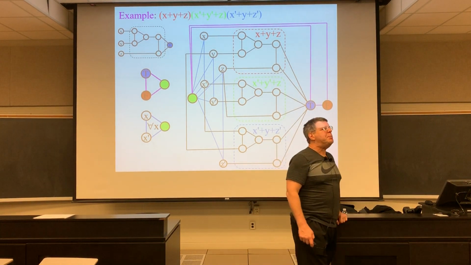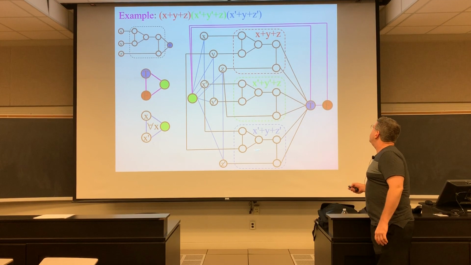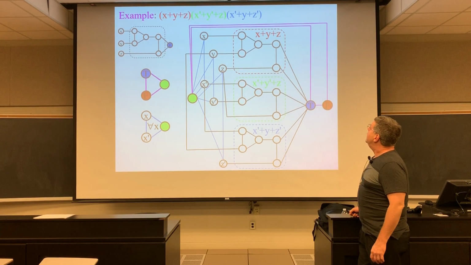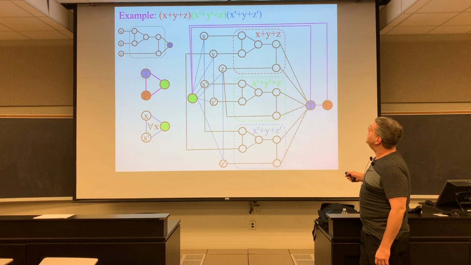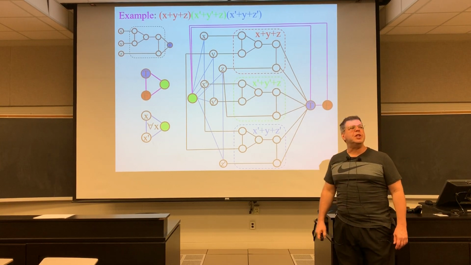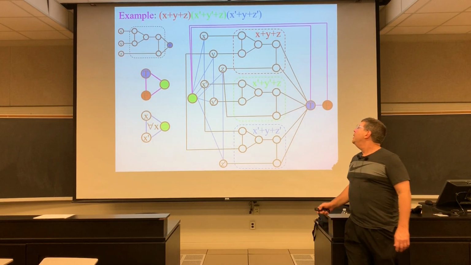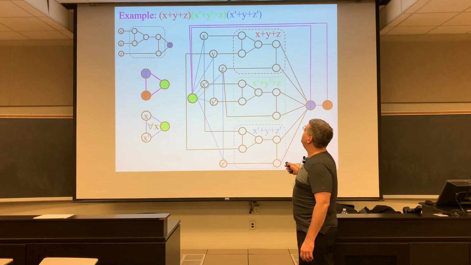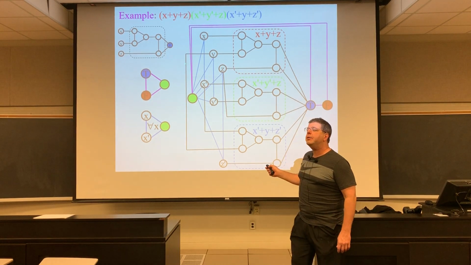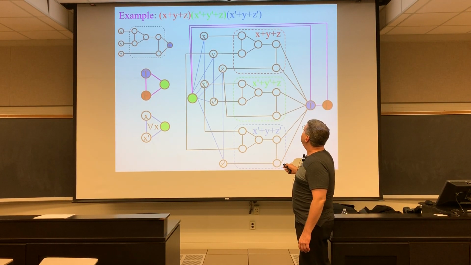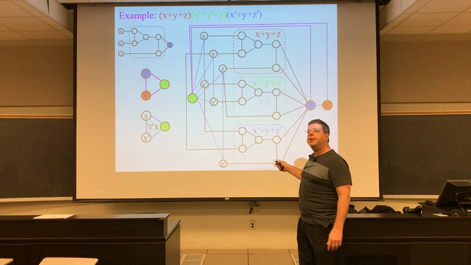Now, if we just so happen to be able to 3-color this big graph, the 3-coloring of this graph will immediately give us a satisfying assignment for this Boolean formula. How? Whatever color the x receives, if we were to 3-color this graph, we know that the x and the y can't be the same color as each other because they're connected.